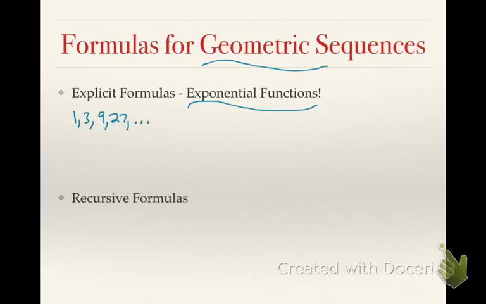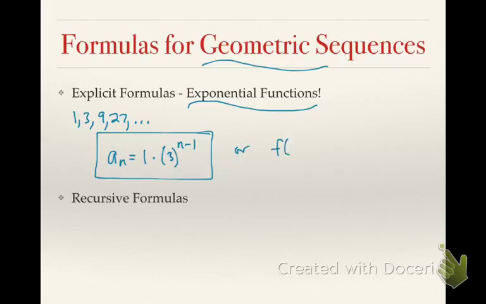If I were to write an explicit formula for that, I write down the first term, which is 1, and I multiply it by the common ratio, which in this case is 3, raised to the n minus 1. And like before, I could also write this using function notation. So f of n is going to be 1 times 3 to the n minus 1.